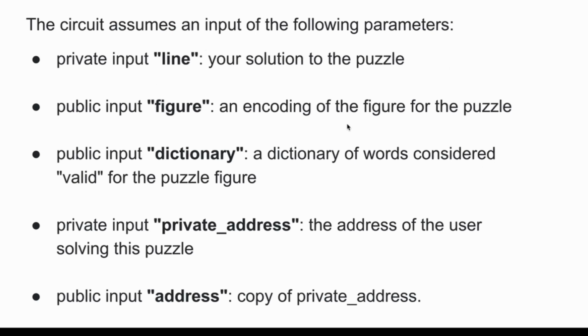Figure is an encoding of the day's figure. And then you need to provide a dictionary, which is all the valid words that can be created from this figure. Of course, you also give your private address, and for some reason, they're duplicated in this implementation, which we might uncover later.